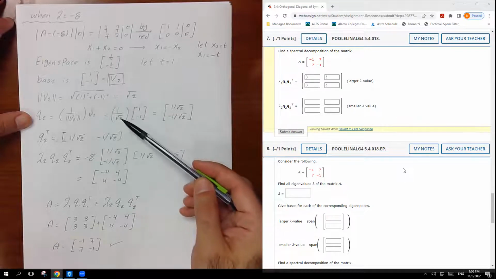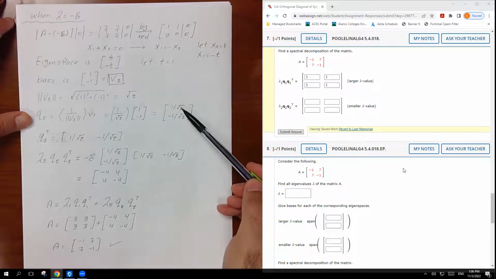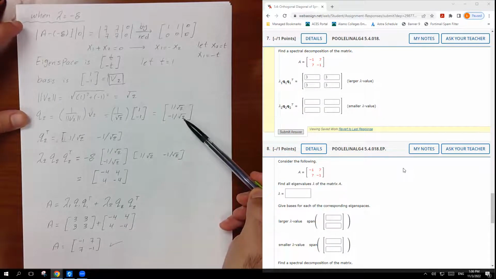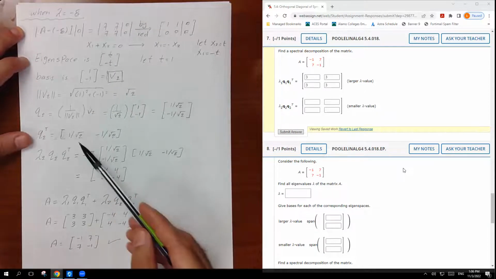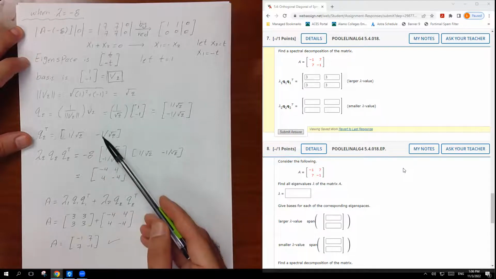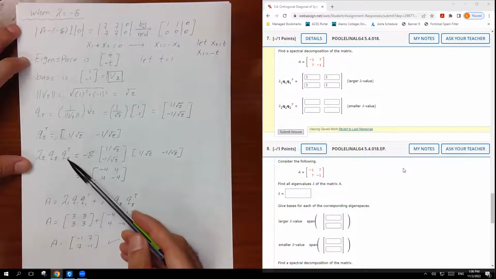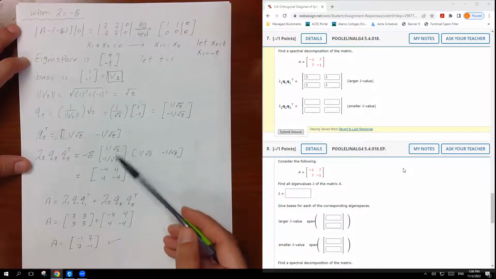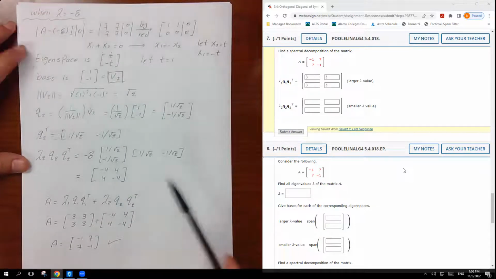So 1 over square root of 2 times 1, -1 is going to be 1 over square root of 2, -1 over square root of 2. Q2 transpose is this column turned into a row. Now lambda 2 times Q2 times Q2 transpose is going to be -8 times this one times this one. So here is the spectral decomposition for the second.